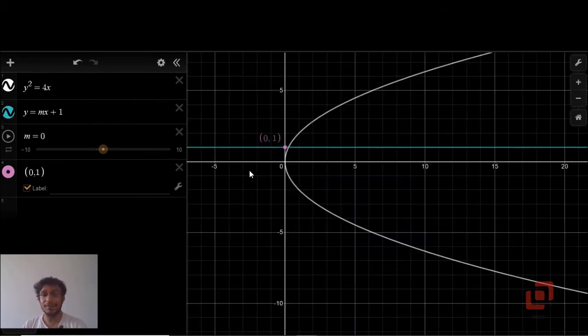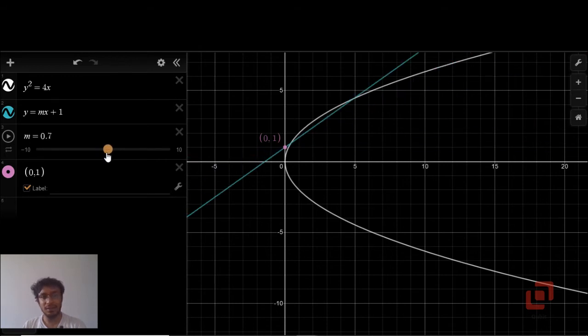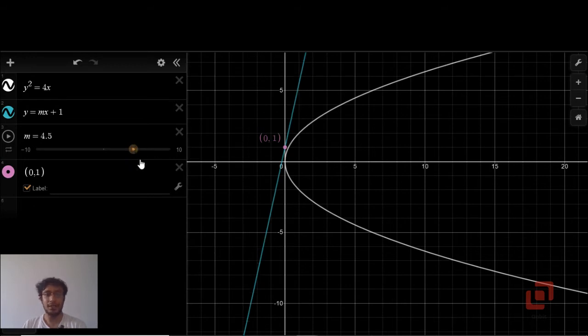Now something interesting happens if m becomes infinity. Okay, observe this. If we go on increasing the value of m, or if we increase the slope, the line goes on becoming vertical, right? If you keep on increasing the slope, obviously the line appears to be vertical.